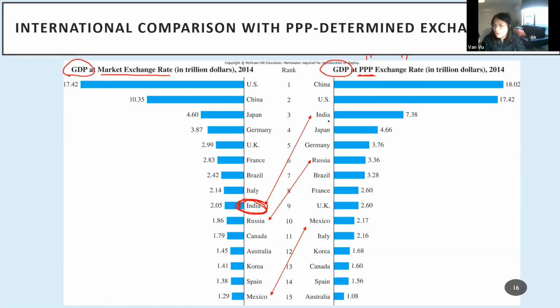So the fair value is here, but if we use market rates, it would just be here. Similarly for Russia and for Mexico. So sometimes there will be discrepancies between the actual GDP you see and the GDP that would have been if you computed it by purchasing power parity.